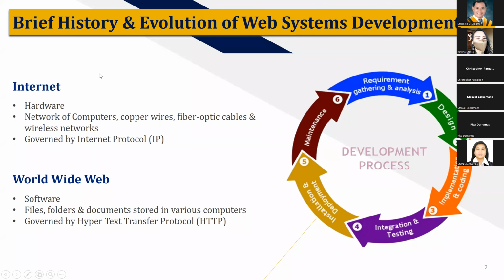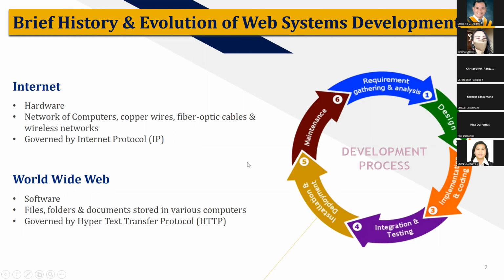The internet refers to the hardware, of course, the hardware network of computers. These are the physical copper connections and DSL connections that you see, the wireless network, the routers, Wi-Fi, access points, which is governed by internet protocol. This refers to the infrastructure, the cables you see on the posts outside and up to the incoming lines to the houses, such as the DSL. The World Wide Web refers to the software.